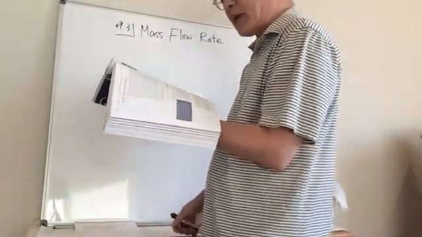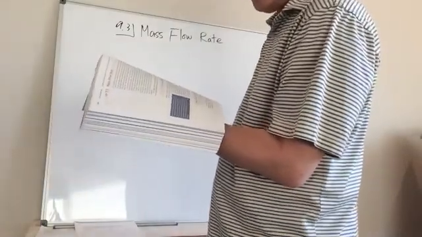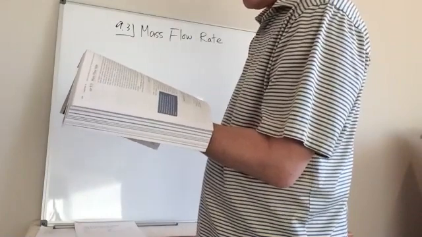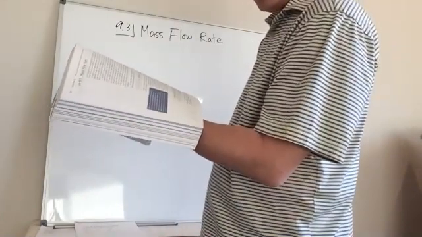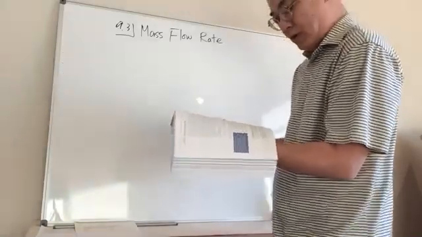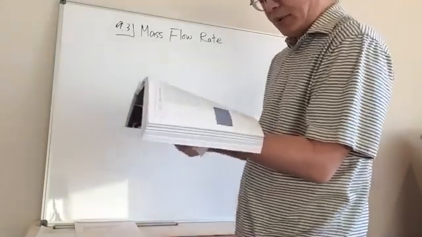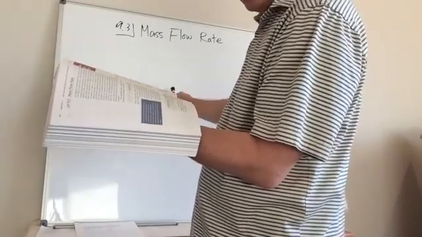So it's going to be kilograms per second, slug or pound mass per second. Section 9.6 gives you the relationship between the volumetric flow rate and the mass flow rate that we just talked about.